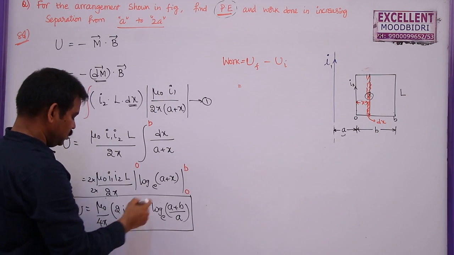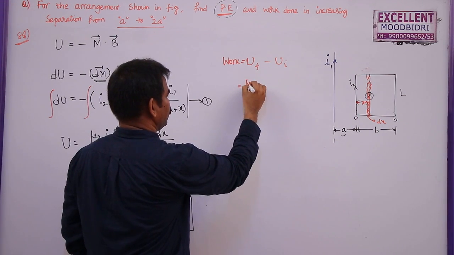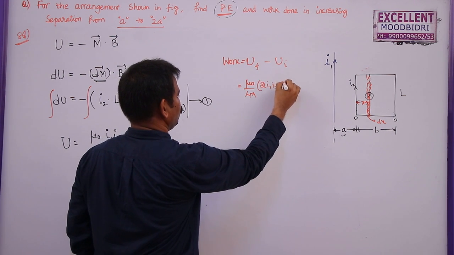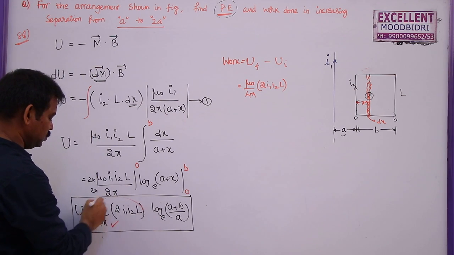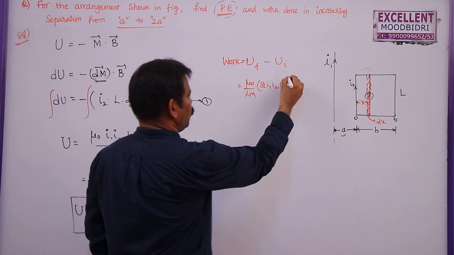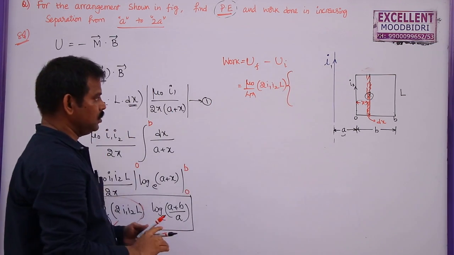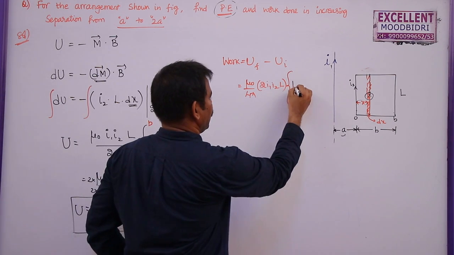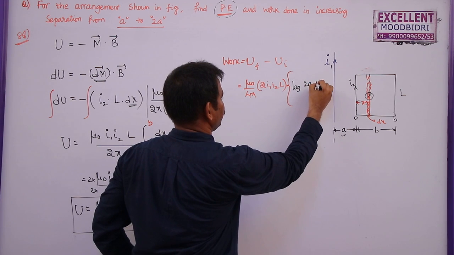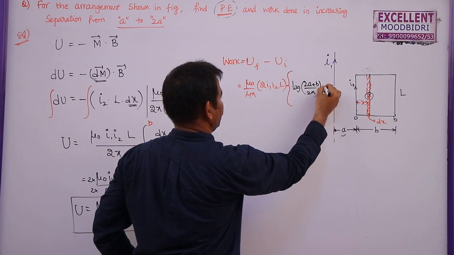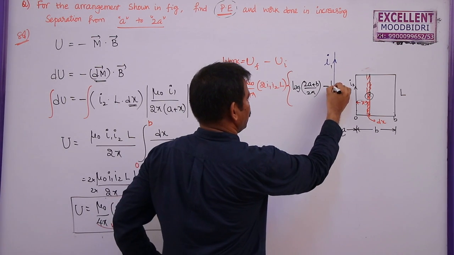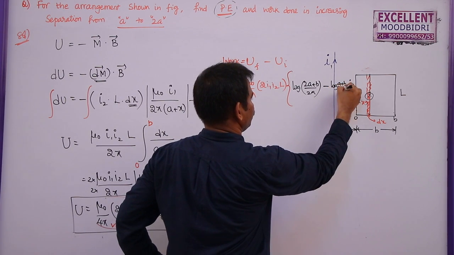So mu naught by 4 pi 2 I1 I2 L is constant, and the only variable is the log values. When the separation is 2A, this becomes log of 2A plus b by 2A, minus log of A plus b by A.